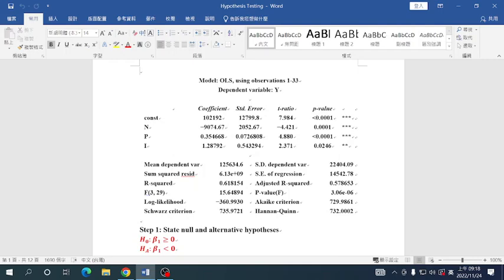Those tables, I think I showed last time, are called the ANOVA table, which isn't shown in the output but we can see it from Excel. From the ANOVA table, the F value is using some numbers in the numerator divided by some numbers in the denominator.